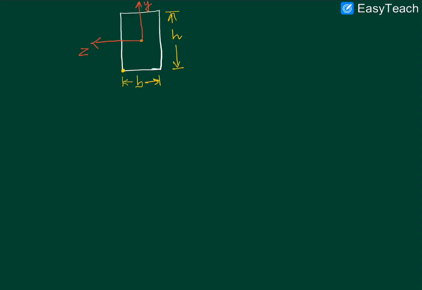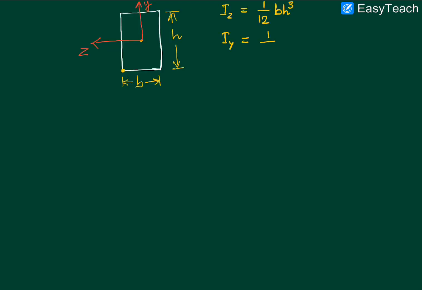Now, we all know that in this particular case, the value of Iz would be 1 by 12 BH cube.